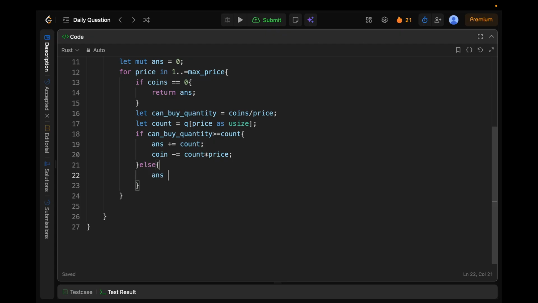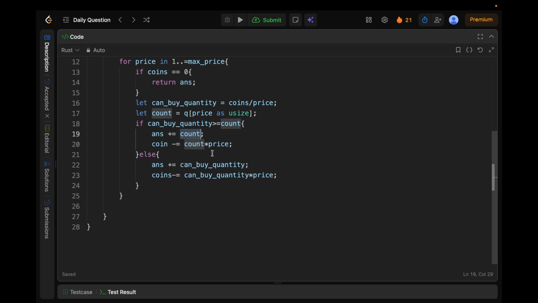So my answer will be plus equal to can buy quantity, and my coins will be minus equal to can buy quantity into price. So over here, if my can buy quantity is greater than or equal to count, then I take only the lesser of these two, that is count. And if my can buy quantity is less than count, then I take the lesser one. After coming out of the loop, I return my answer.